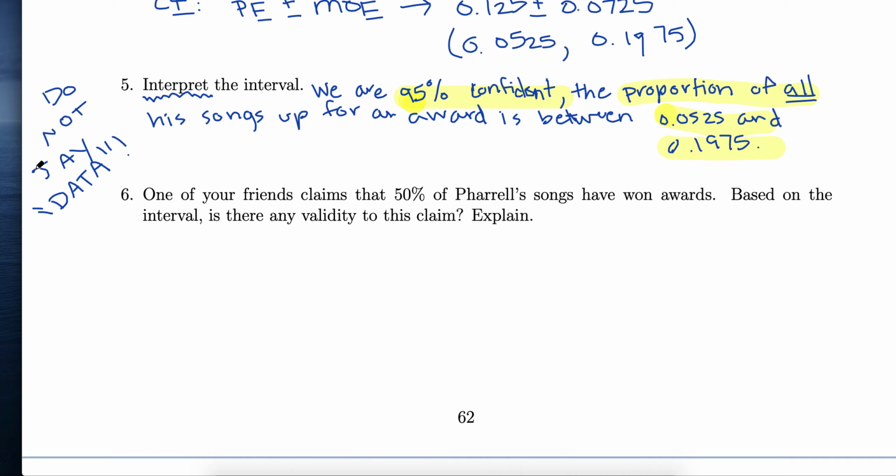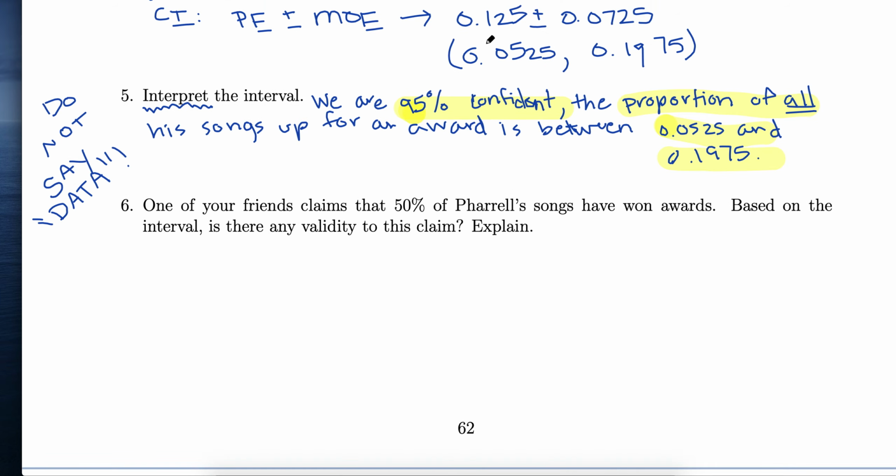Okay, we're not estimating anything about the data. The data will always be right in the middle of our estimate. We construct our estimate around the data. So for example, this 12.5 is right in the middle. The data will always be in the middle. We're 100% confident the data is in the middle. So don't say anything about data. We're estimating the population proportion.